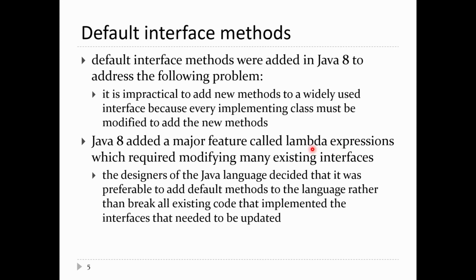By adding these things, they had to adjust many of the interfaces in the standard library. The only way that they could adjust the interface without breaking everybody else's code was to add in these default methods. And so you can see here that languages evolve over time. Java, I guess, is a mature language now. It's changed many times, and so when it adds new features, that adds some additional complexity to the language.